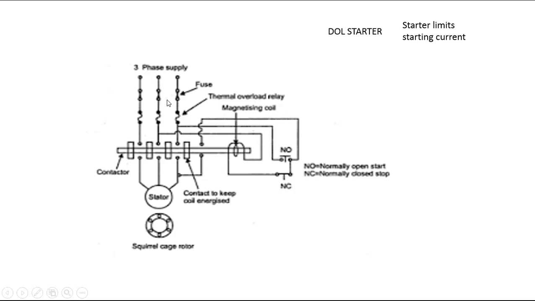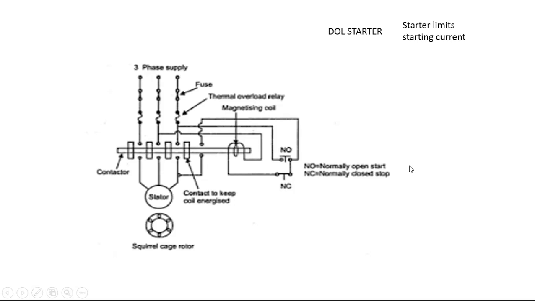As a result, a huge magnetic field is created. This magnetic field attracts the contactor, which is an iron rod, from left to right, and as a result the contacts get closed. That is, the contacts connect the supply to the stator. Now the induction motor starts to rotate.